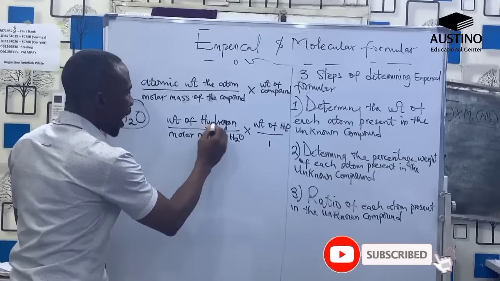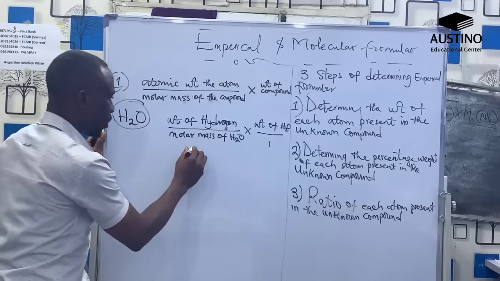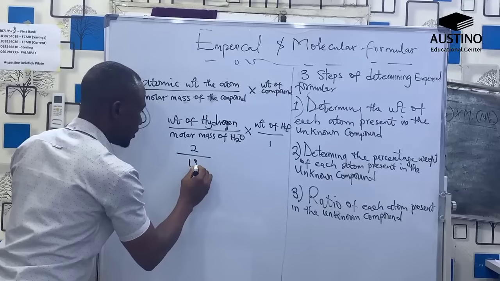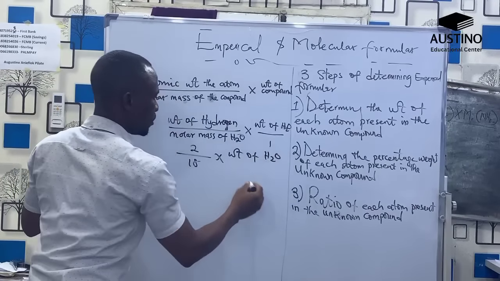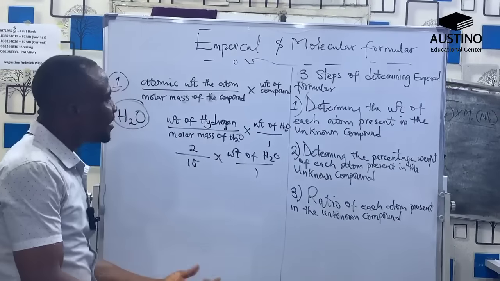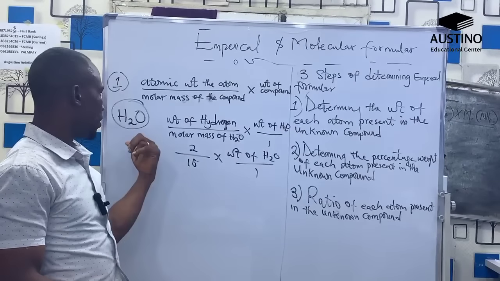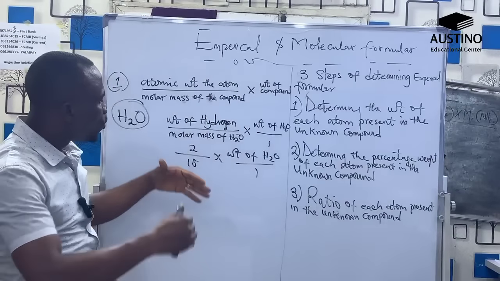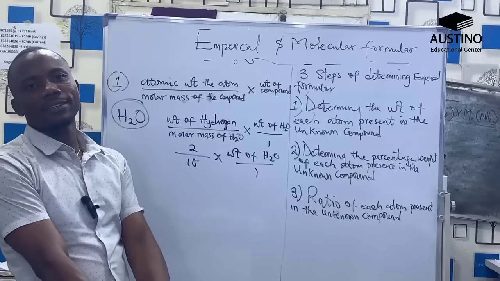Now, hydrogen in the compound has 2. So we already have 2. Of course, the molar mass of water is 18, times the weight of water that will be given. When you do this, you have gotten the weight of the atom, which is hydrogen, from water.